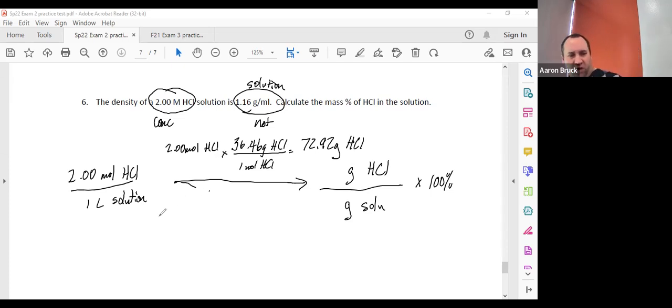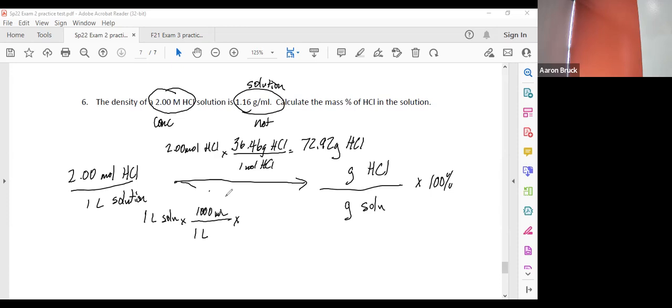For the bottom conversion, 1 liter of solution. Every liter has 1,000 milliliters in it. And here's where the density becomes important. Notice we're staying just in the solution lane here. We haven't done anything with HCl. We're just looking at the solution.